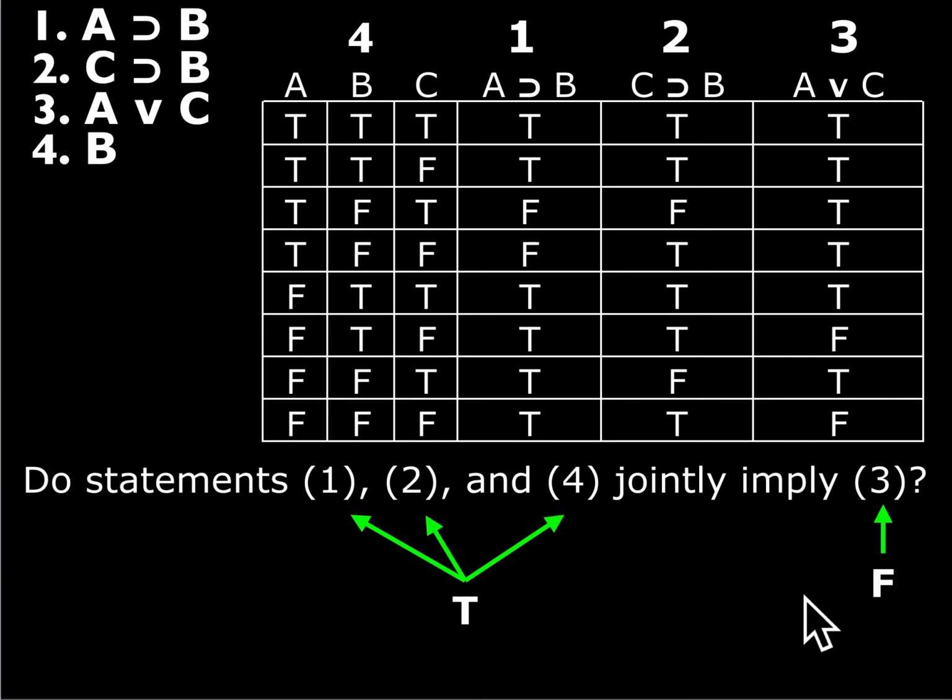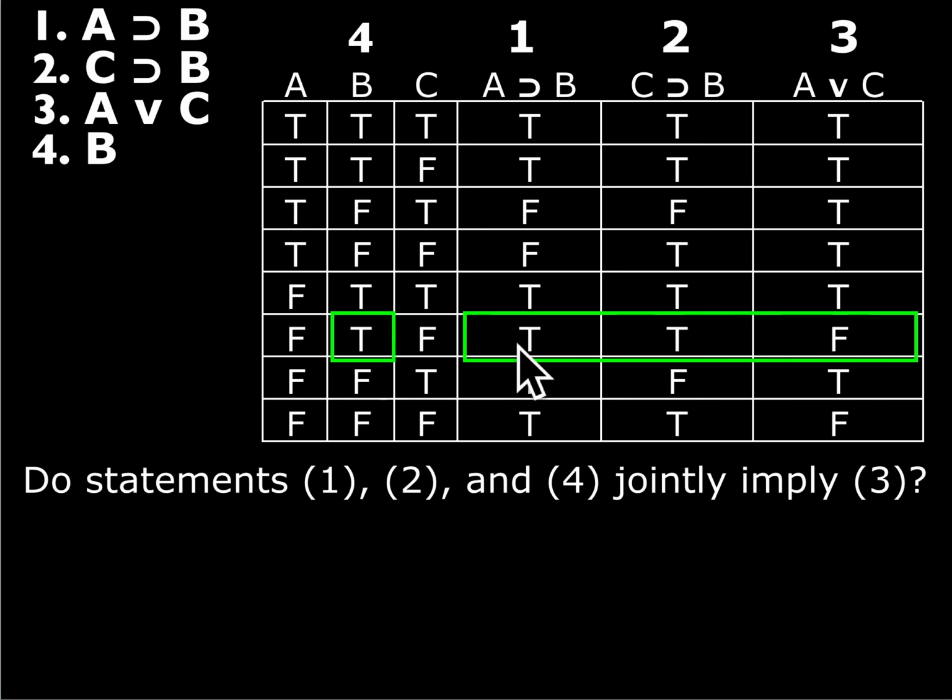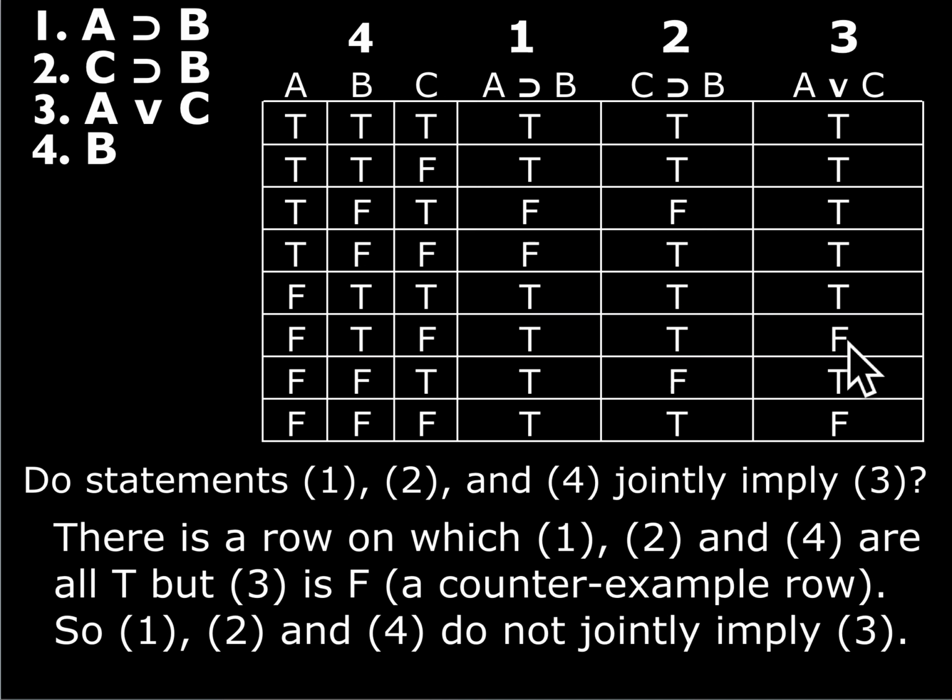Is there any such row? Yeah, right here on row 6. 1, 2, and 4 are all true, but 3 is false on row 6. So there is a counterexample row. So the implication does not hold. 1, 2, and 4 do not jointly imply 3.